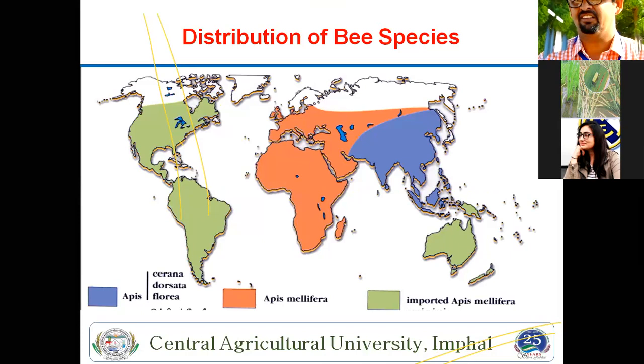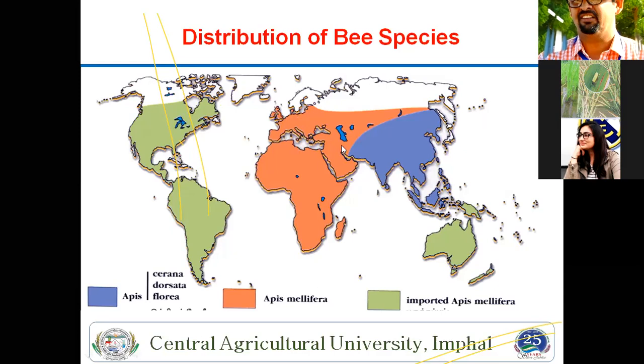That's why many times the common name is Italian bee, Apis mellifera. You see this is coming from this area, Africa. This is starting from Italy. Then it was distributed all over the world. It is also found in India and elsewhere. But distribution means the origin comes from Italy or this area.